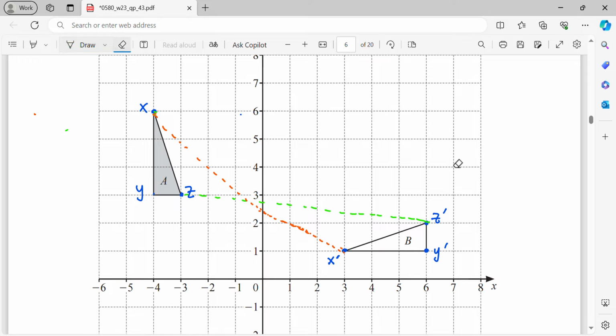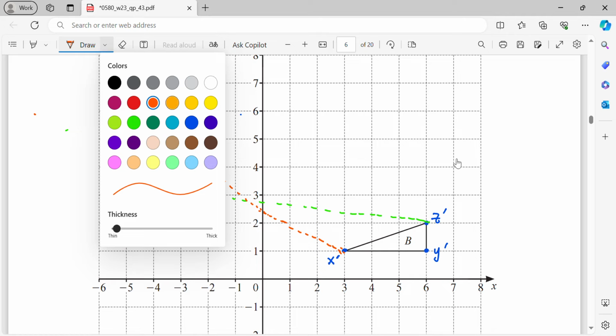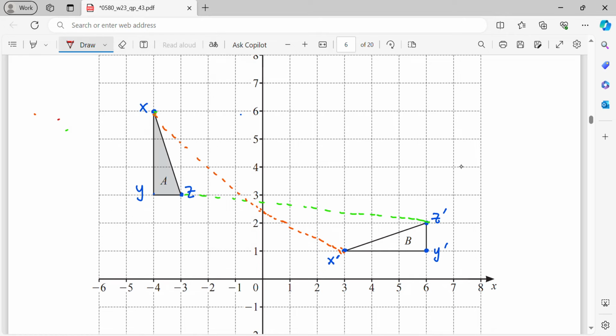Right, what you need to do here is get the perpendicular bisector. Perpendicular bisector basically is a line that passes through the midpoint. Let's say this is a midpoint. So you can just measure, and then it is 90 degrees.